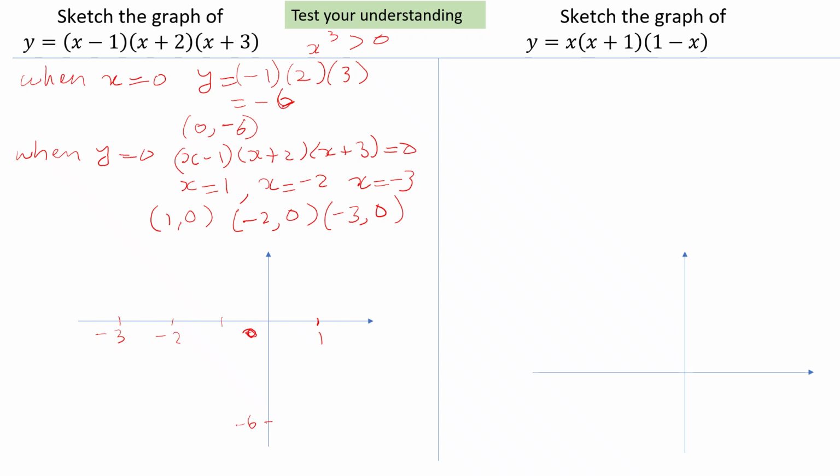So the graph cuts (0, -6), (1, 0), (-2, 0), (-3, 0). So this graph is positive x cube. So start from the bottom left-hand corner, goes like this.